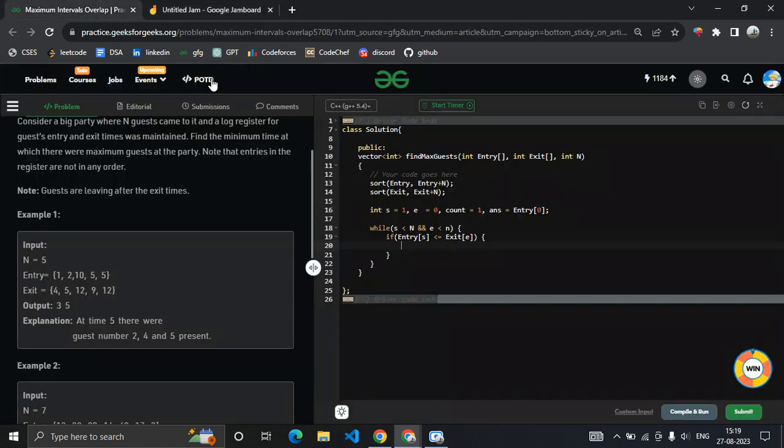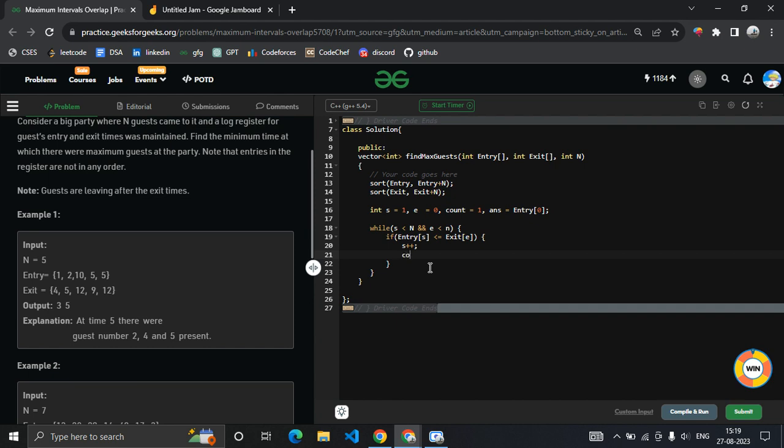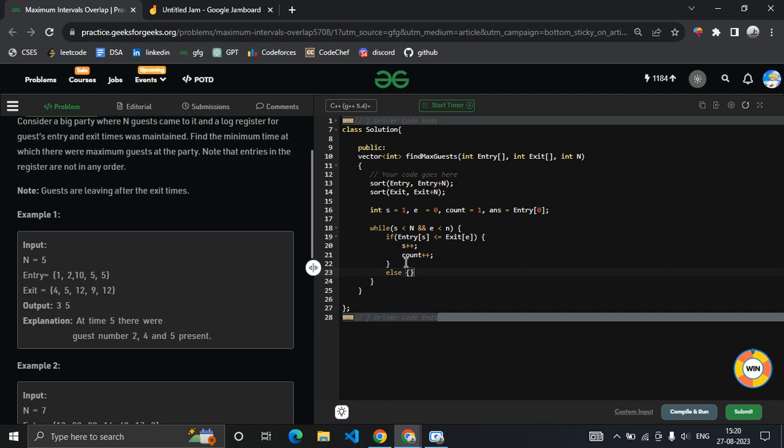Start plus plus, and count will also be incremented, count plus plus. Else, if this is not the case, what do we have to do?